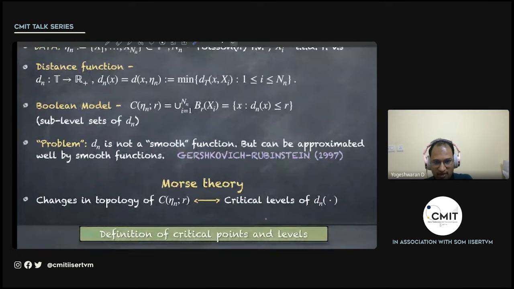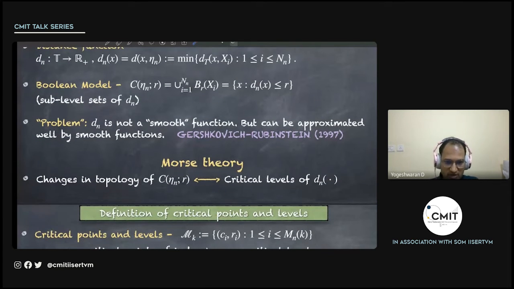Define a critical level. So definition, let's get into it more seriously. I will define critical level of index k directly, critical point and critical level. So this is a subset of torus times R plus.